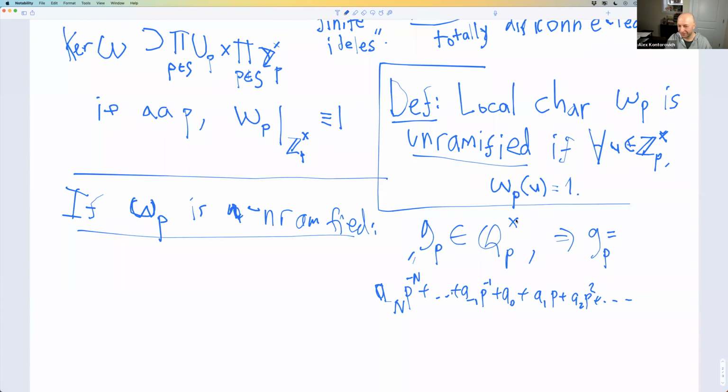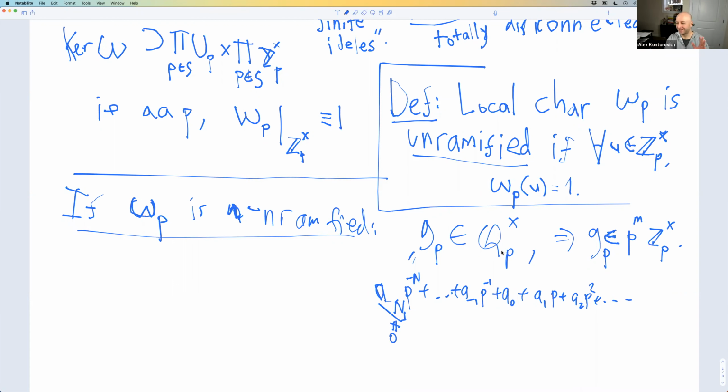Exactly, that's the only condition. Every p-adic rational is invertible except 0 itself. So this is the least non-zero entry, so it's equal to p to some power, p^m, times an element of Z_p cross.